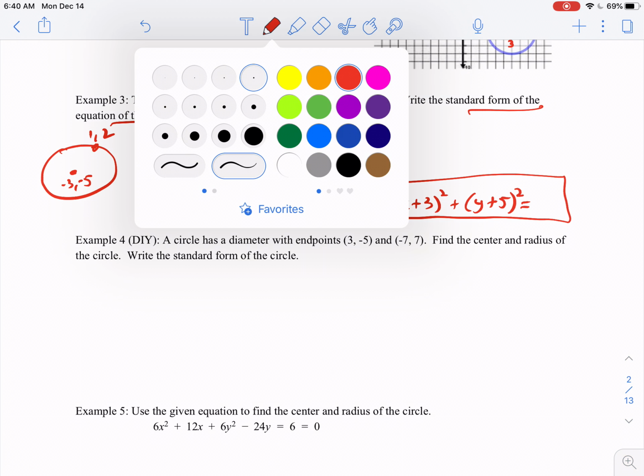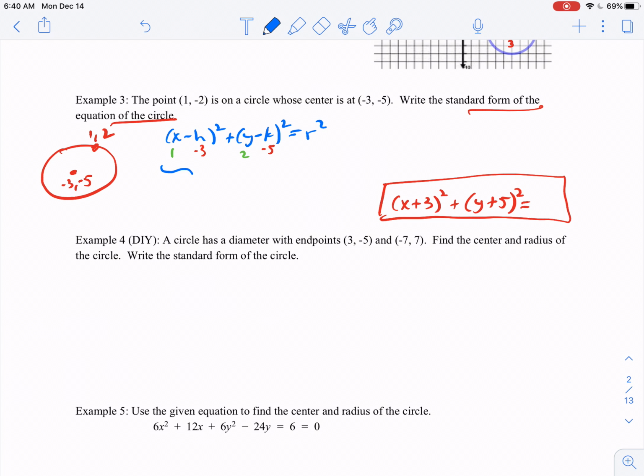When you're looking at this, say to yourself, 1 minus negative 3. So 1 minus negative 3 is really 1 plus 3, which is 4. Squared is 16.